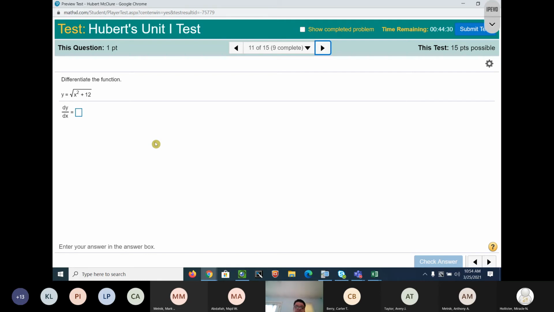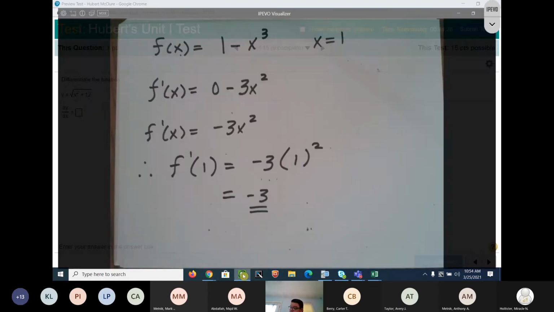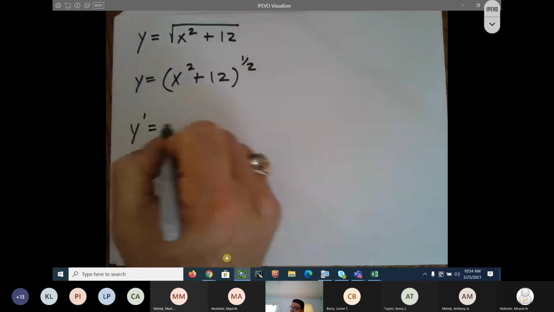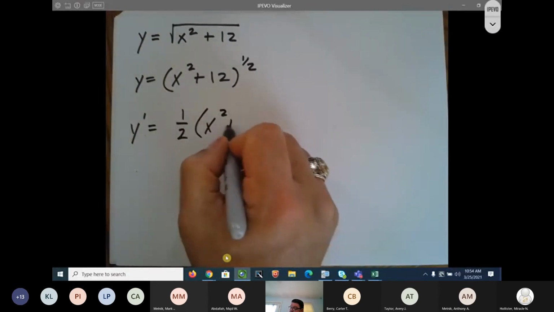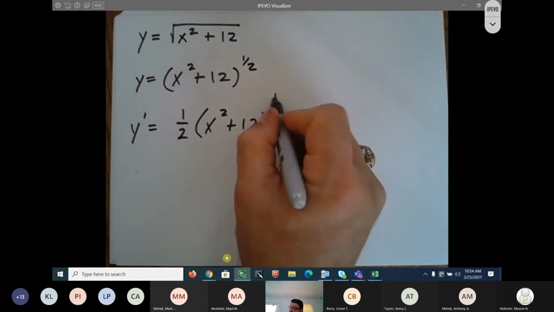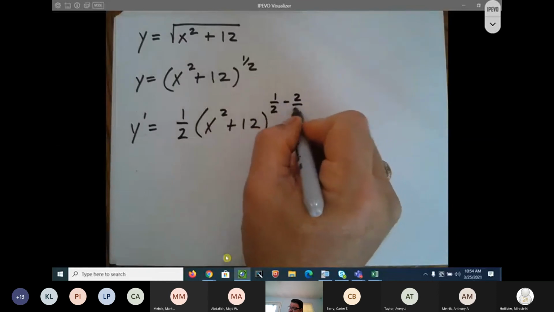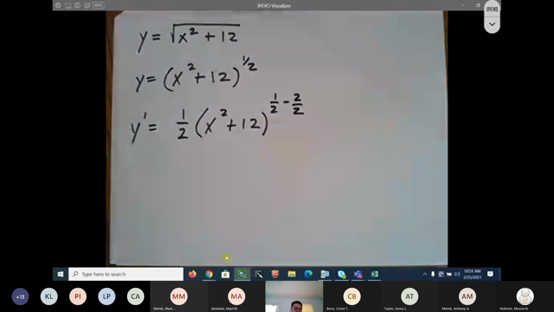So y prime is equal to 1/2 times x squared plus 12 to the negative 1/2 power, times the derivative of the inside. I've got to highlight my inside.